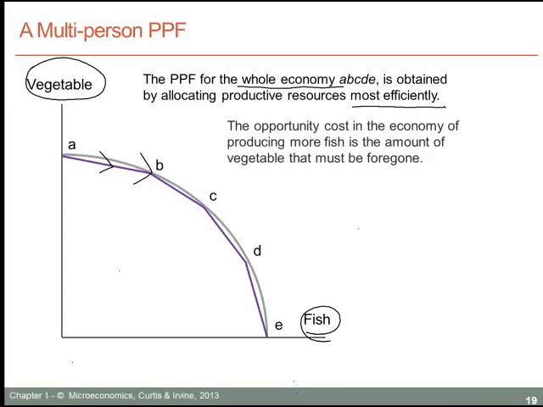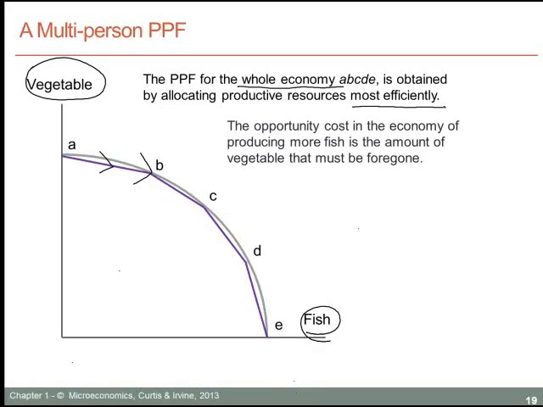What is the opportunity cost of producing more fish? The opportunity cost of producing more fish is the amount of vegetable that we have to give up. And it's very obvious that as we move from point A to B to C to D to E, the amount of vegetable we have to give up to get a given additional amount of fish becomes larger and larger.